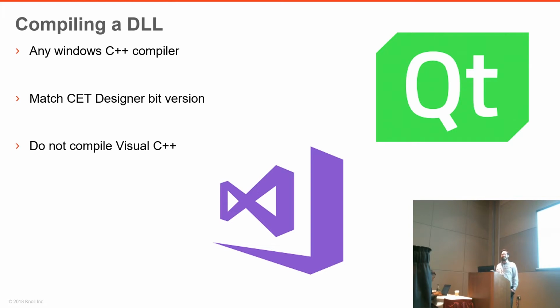I believe it's like -ZE, and that will tell Visual Studio not to compile with Visual C++, just using standard C++. Not many languages can handle C++ naming, so you need to wrap all of your API in extern C to give it a simpler C naming convention, and that will allow CET to call it.